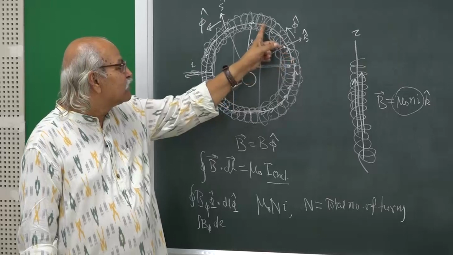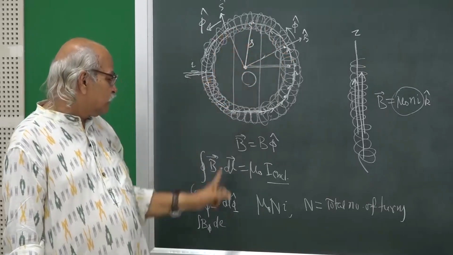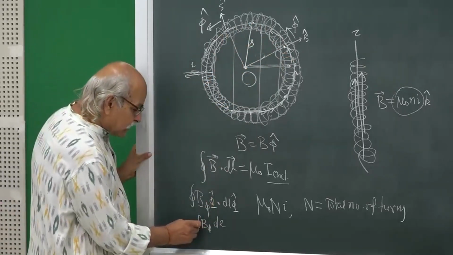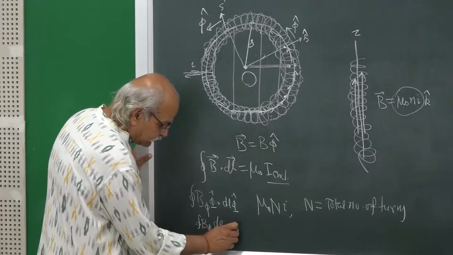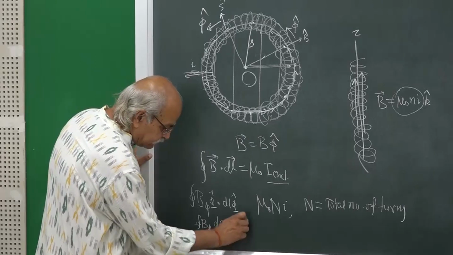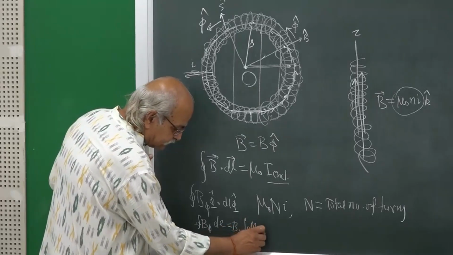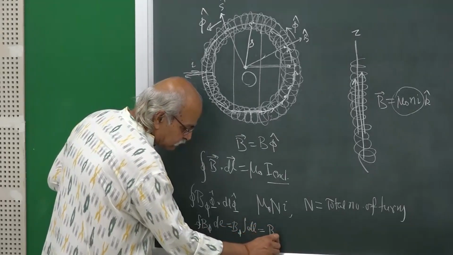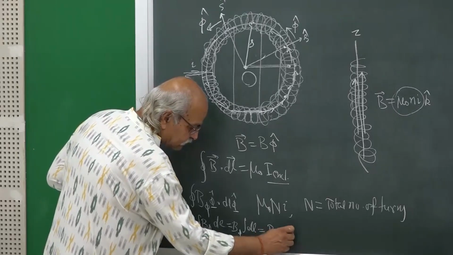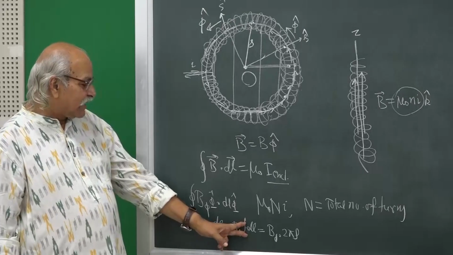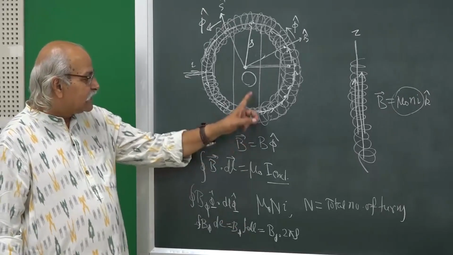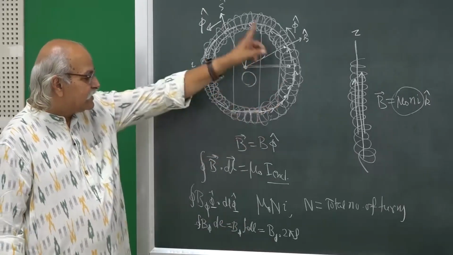These points are all equivalent, and therefore, B phi is constant, and hence you can take B phi out, and it is the integral of dl, and that is B phi into 2 pi s. All this dl, you are adding the magnitudes. So, that will be 2 pi s, because radius is s, periphery is 2 pi s.